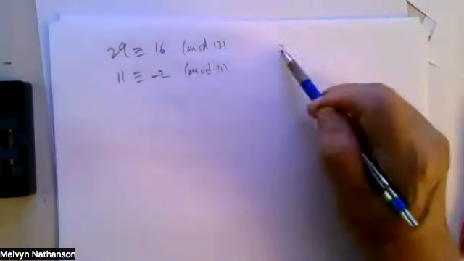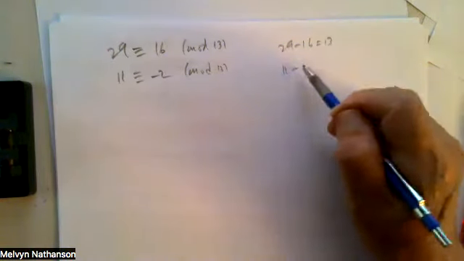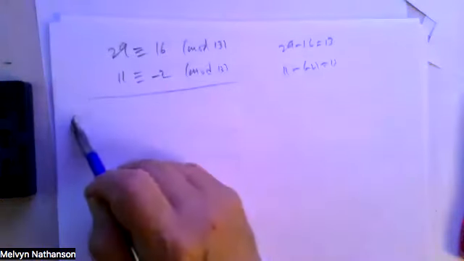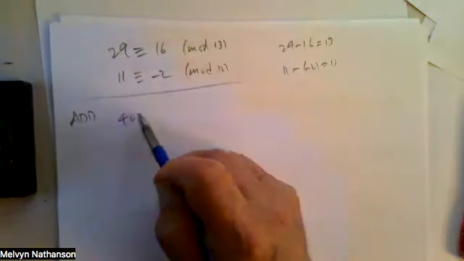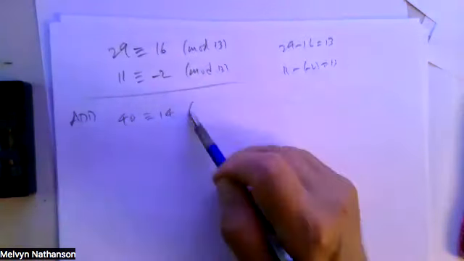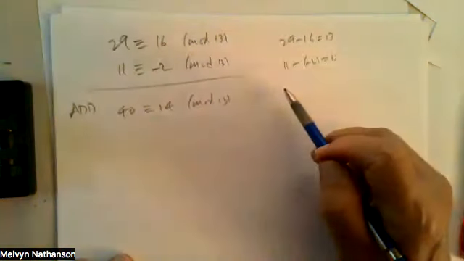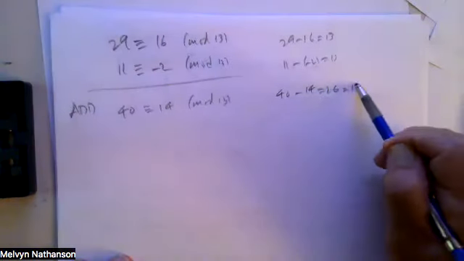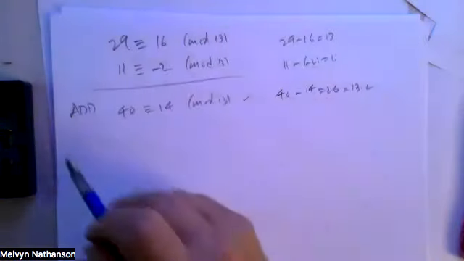Because 29 minus 16 is 13, and 11 minus minus 2 is also 13. If I add these congruences, I get 40 is congruent to 14 mod 13. Is that correct? Well, 40 minus 14 is 26, which is 13 times 2. So that's correct.